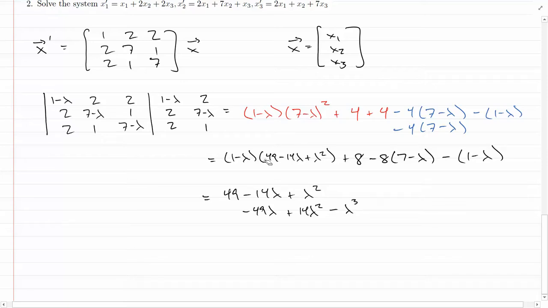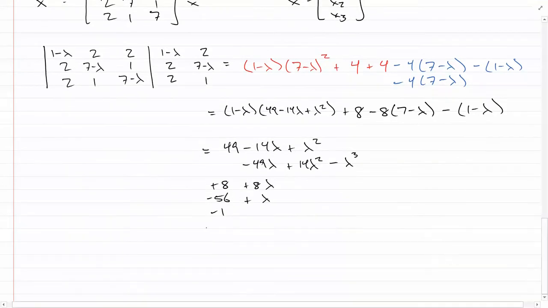Those are all the terms you get when you multiply this product here. I have an 8. I'd have a minus 56, a plus 8 lambda. That's when you distribute the 8, and then you'd also have a minus 1 and a plus lambda.